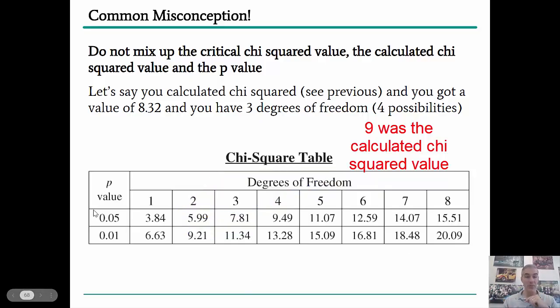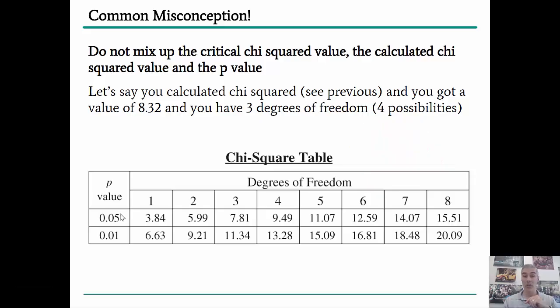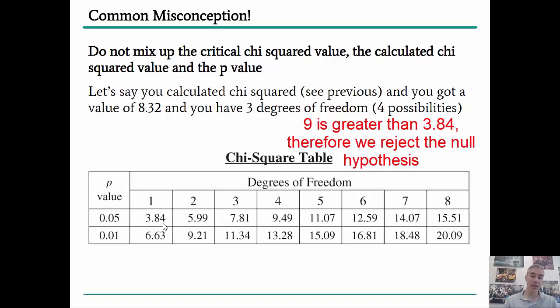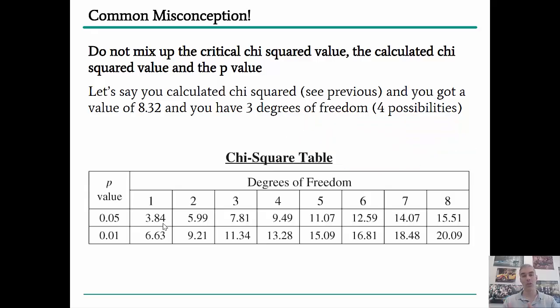So if we look at a p-value of 0.05, which is our threshold value, don't get that confused with the critical chi-squared value, at 1 degree of freedom, our critical chi-squared value is 3.84. So the critical value is the one we're comparing ours to. If we are greater than that value, we reject the null hypothesis. If we're less than that value, we fail to reject the null hypothesis.